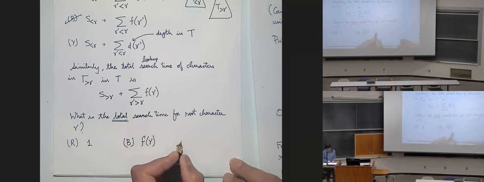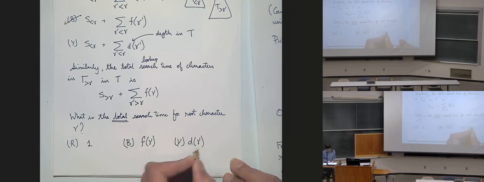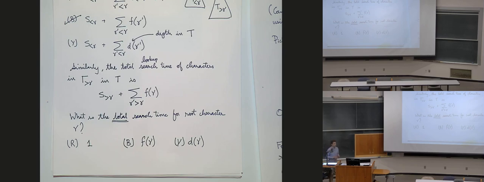Is it f of gamma? Or is it d of gamma? What is the total search time for all the characters? The total search time for the root character. By total, I mean total over all the searches you're going to make, and you know how many searches you're going to make. That's given by the frequency. Right? Question?